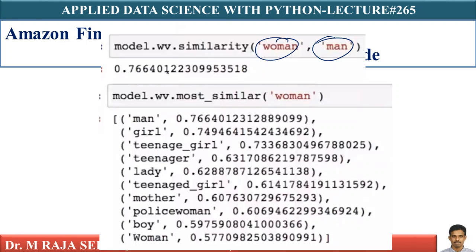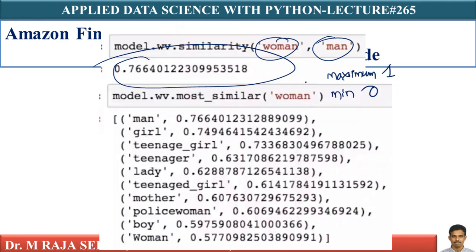What is the similarity between woman and man? It is 0.664012. What does it mean? The maximum similarity between any words is 1 and the minimum similarity is 0. So there is a similarity between man and woman. There is also something like most similar: which one is most similar to woman? Men is most similar.